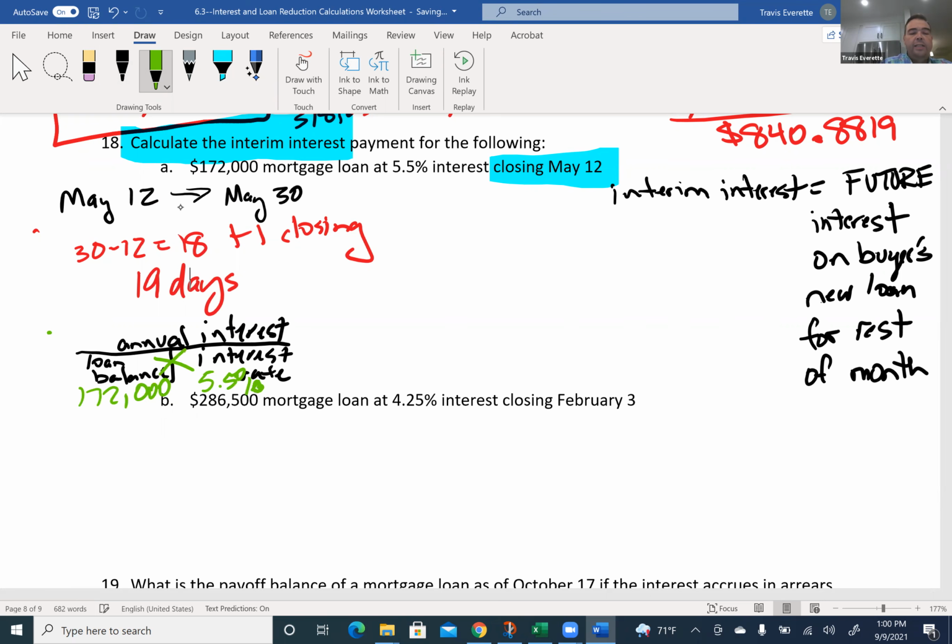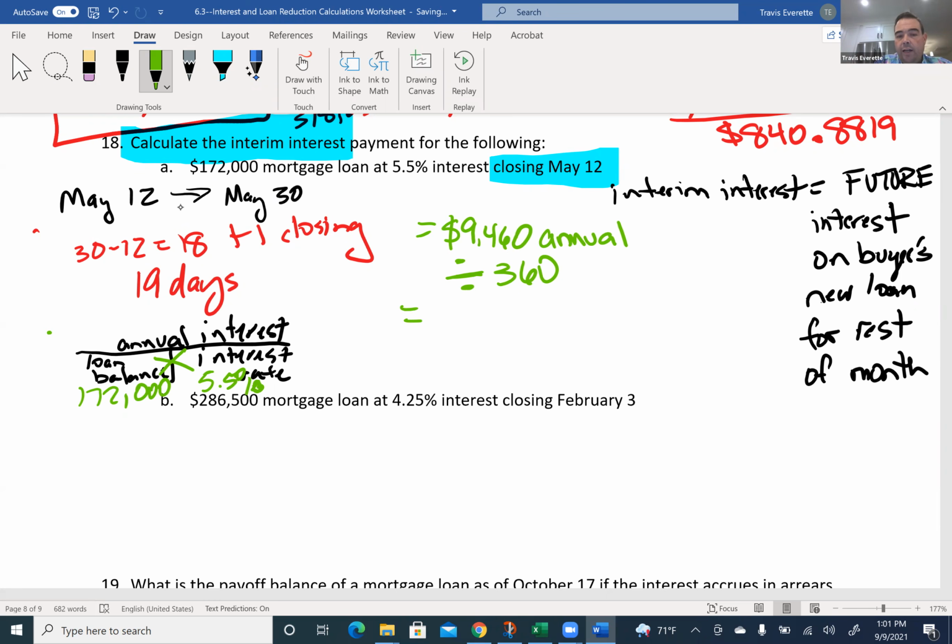They're side by side, so we're going to multiply them. So 172,000 times 5.5%. That is $9,460 in annual interest. We need daily because we've got to do 19 days. So we're going to break that down to daily by dividing by 360. Okay, so we divide that by 360.